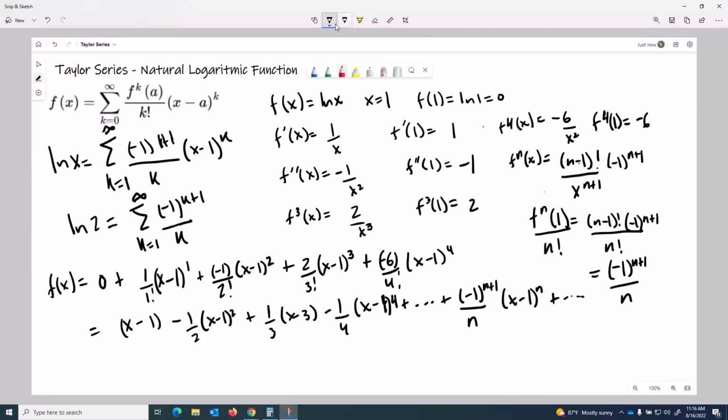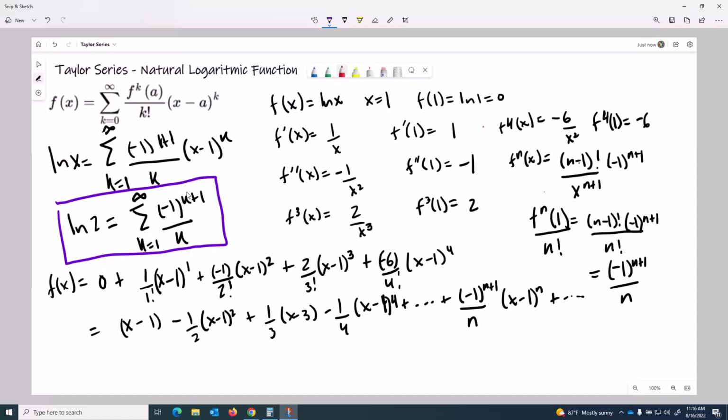What you've learned so far is that this series representation of natural log of 2 converges, but it converges conditionally, because if we look at the absolute values, that will be a divergent harmonic series.